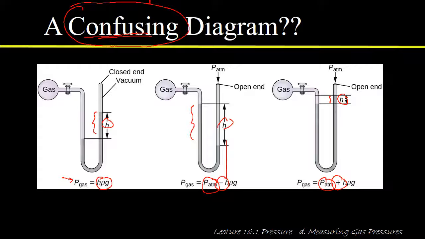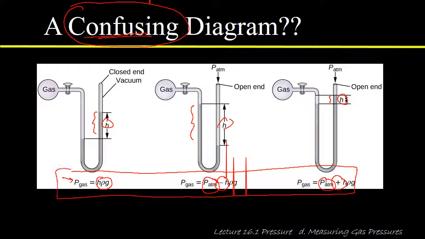It just seems to be like a giant memorization task of which equation goes with which diagram. There's a much easier way to do this that doesn't require any memorization. We're going to see how to look at these manometers and then just figure out what the pressure is without having to worry about any of this memorization. All right, so let's take a look at one of those.